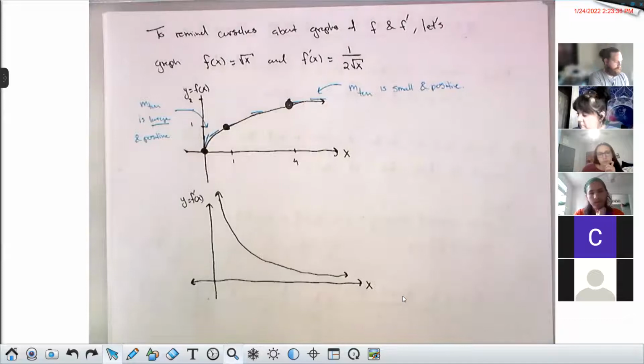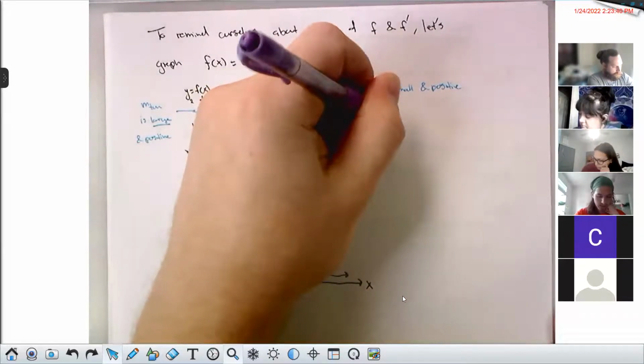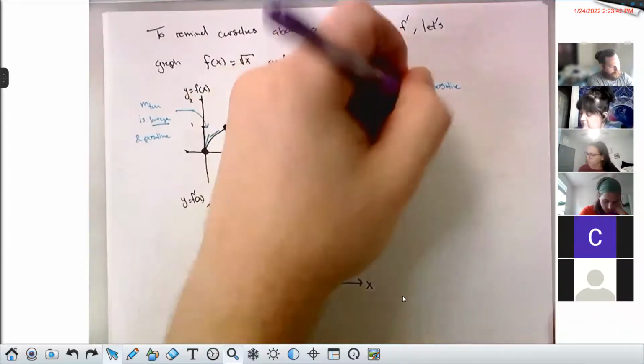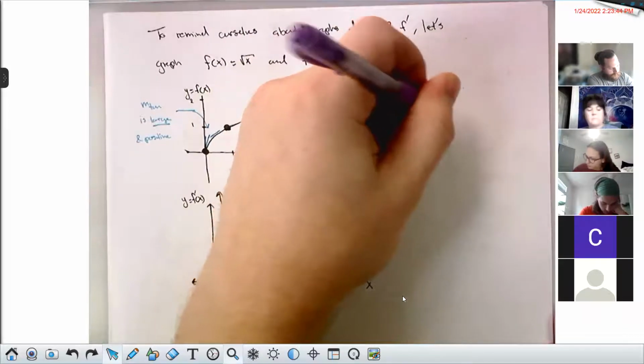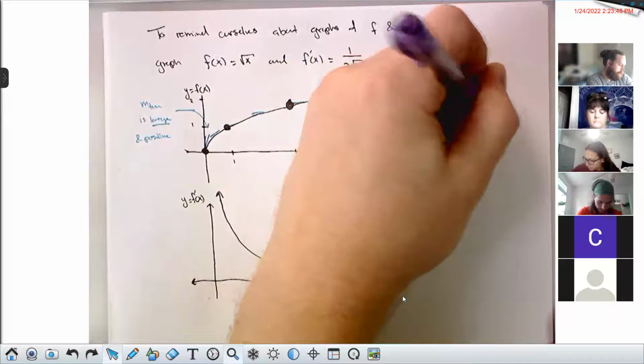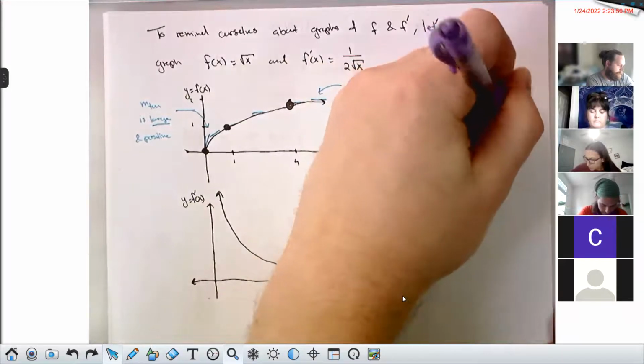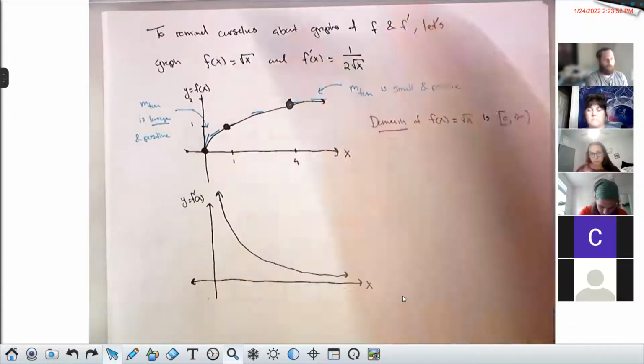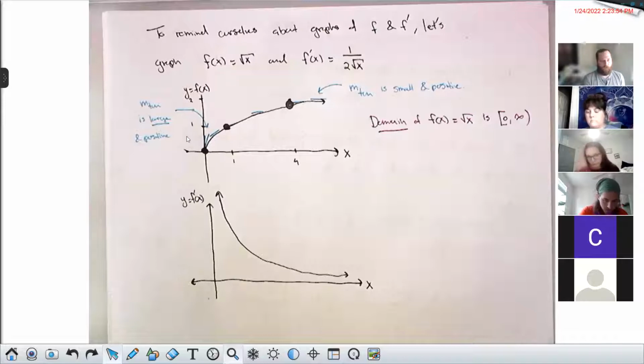The domain of this original function is the left-closed, right-open interval from 0 to infinity. There is a point on the graph here whose x-coordinate is 0.